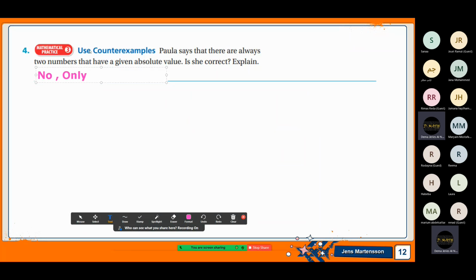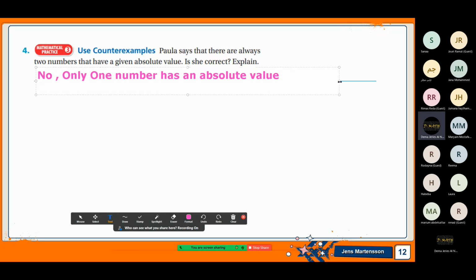Only one number, and all the other numbers always have two numbers with the same absolute value, except 0. So only one number has an absolute value of 0, that is 0.